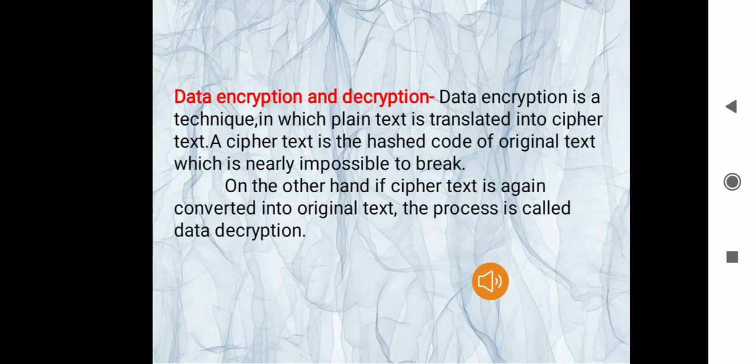Now, if that has to get stored in the server, the password ABC123 will be first codified into a ciphertext. Let's say, for example, it is codified into 10111, and then it gets stored in the server. So instead of the plain text, ABC123, what gets stored in your server is the ciphertext, which is 10111.